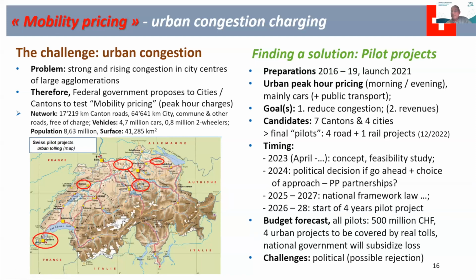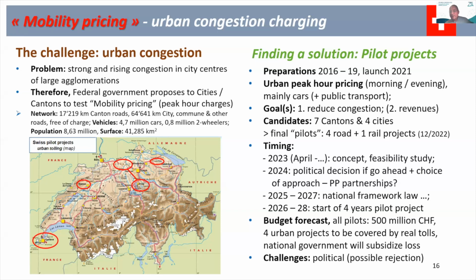The government between 2016 and 2019 invited interested cities and cantons, the member states of Switzerland, to propose pilot projects. Finally, 7 cantons plus 4 cities proposed projects. 4 have been chosen for road. It's called mobility pricing. Mainly it's congestion charging for cars, partly combined with public transport, and there's one rail project.